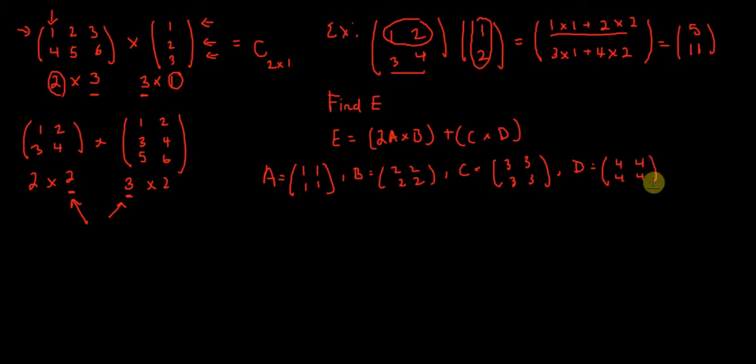Notice here that matrix multiplication and matrix addition are going to be defined for all operations that we conduct because all of these matrices are the exact same size, 2 by 2.